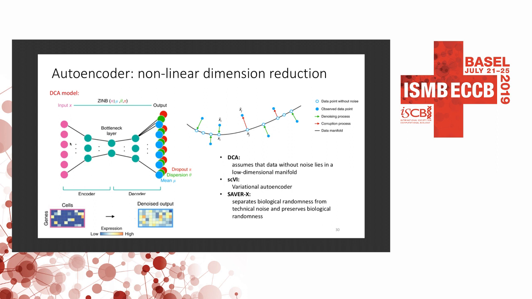And then we know the technical noise is this much, and that can help us identify the biological randomness, the gap from the true gene expression to the manifold due to biological randomness is this part. And this will be our estimate. I think I need a few more slides to explain that. You can look at the paper.